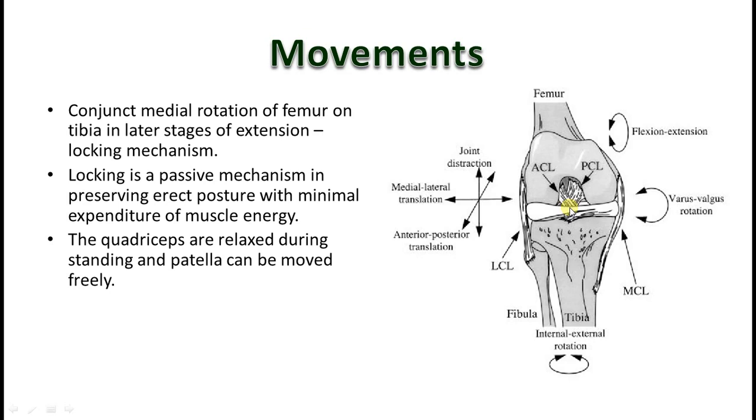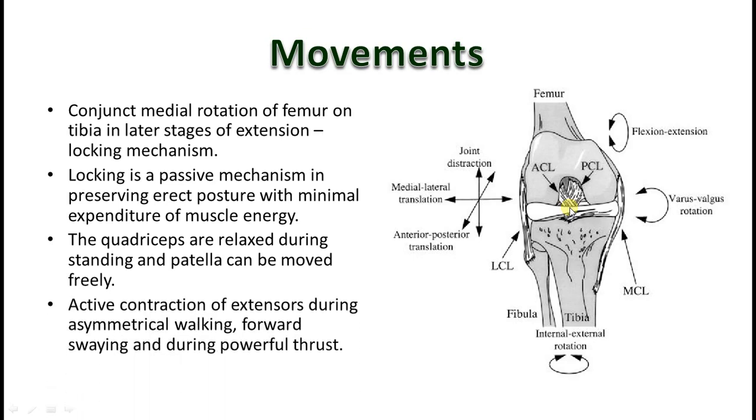For short periods of time the quadriceps is actively contracted and you get maximum extension when walking on an uneven surface. So only then does the quadriceps come into play during extension, as in active contraction during asymmetrical walking or during a powerful thrust forward against any resistance.